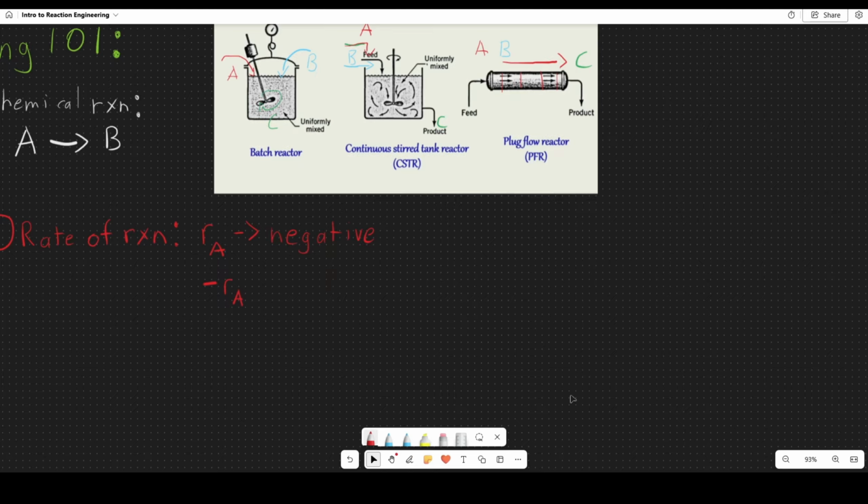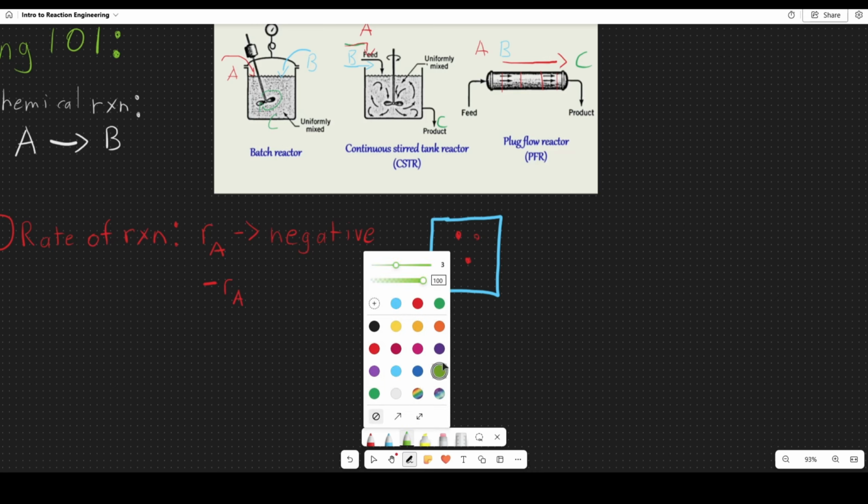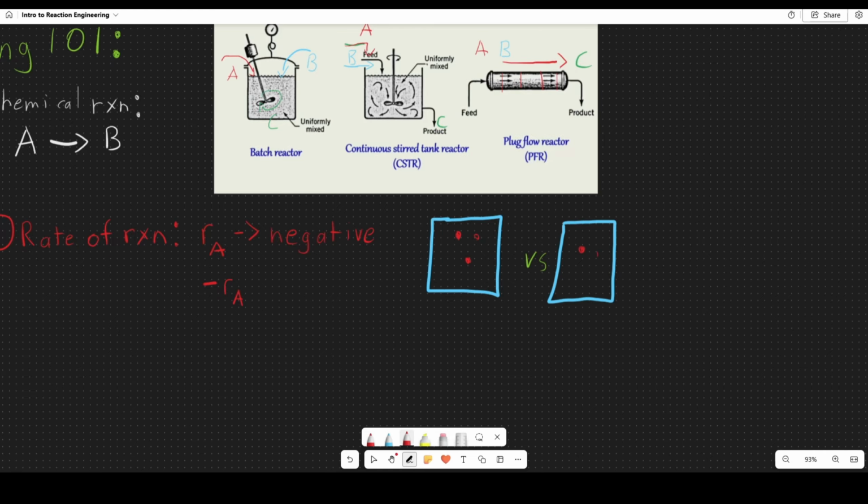Let's say I have this little box, and I have only three molecules of A, versus this same size box, same volume, but now instead of three I have substantially more than what's in the original box.